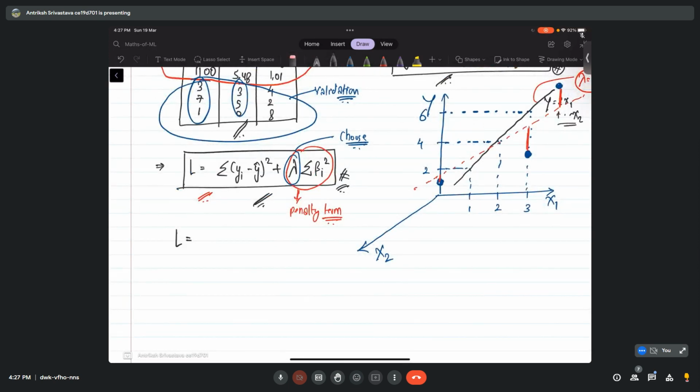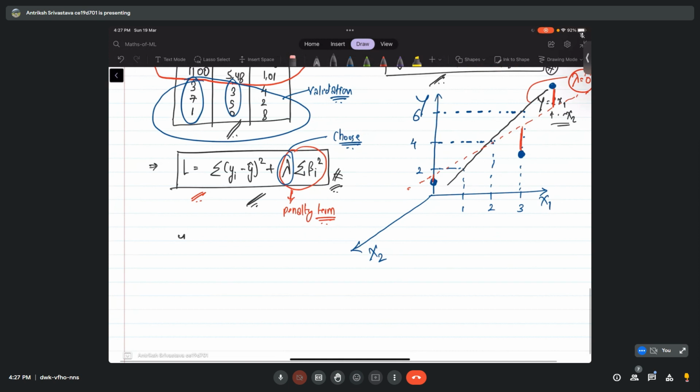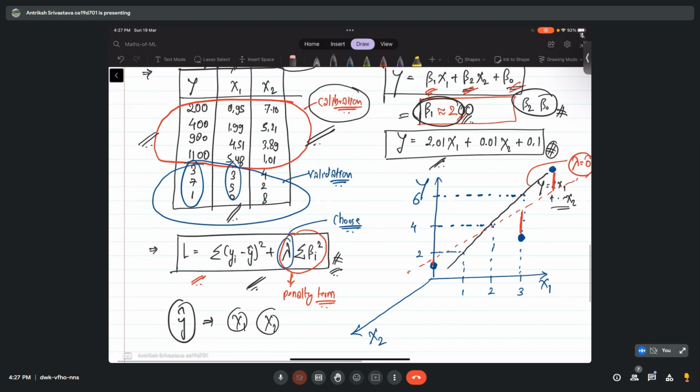So in that way, this also helps that it keeps the dependency of the predicted value on each variable not so high that it gives overfitting, and not so low that it gives a huge error in the calibration also. So as you can see, if it is 200 square, then lambda times that is going to give very high error or very high loss.